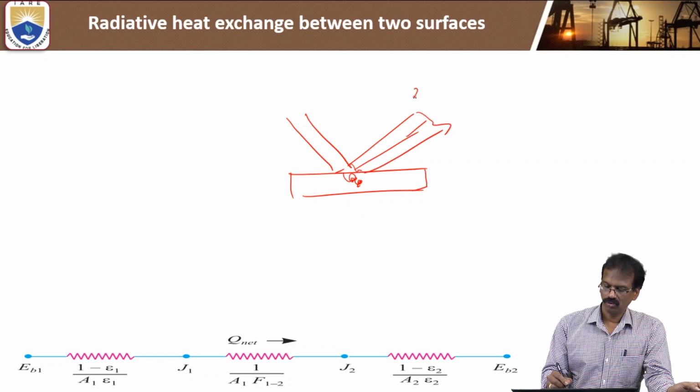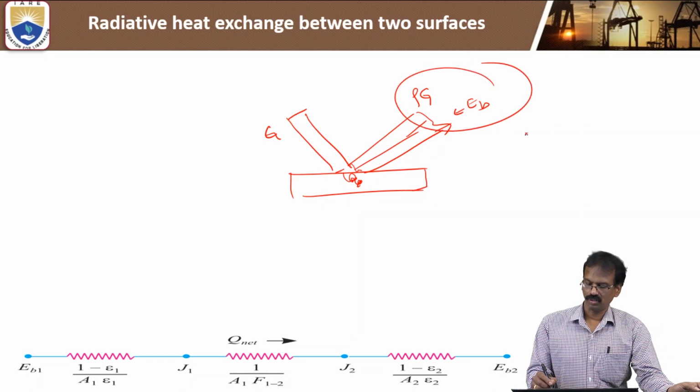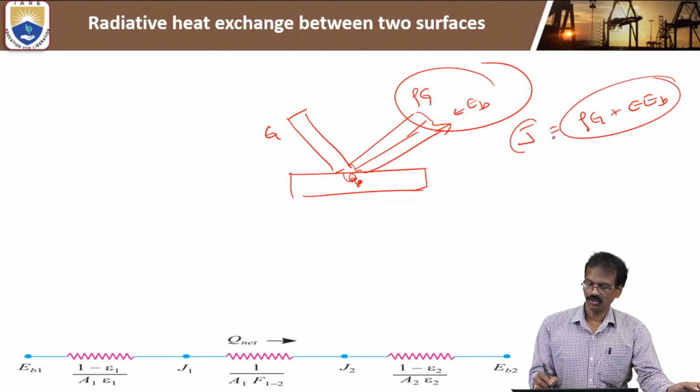So rho G, this is the G, and this one is epsilon Eb, the emitting energy. Both of these together are called radiosity, J is equal to rho G plus epsilon Eb. So you know this radiosity.